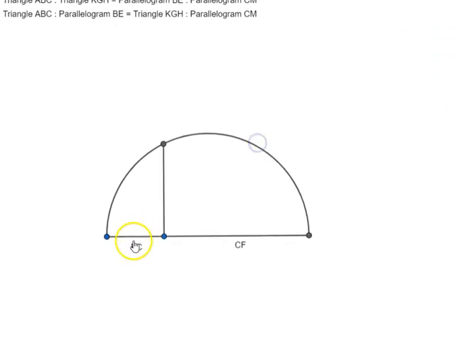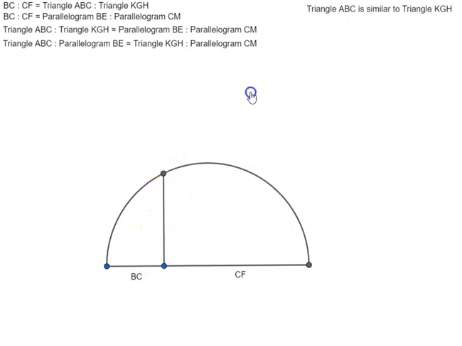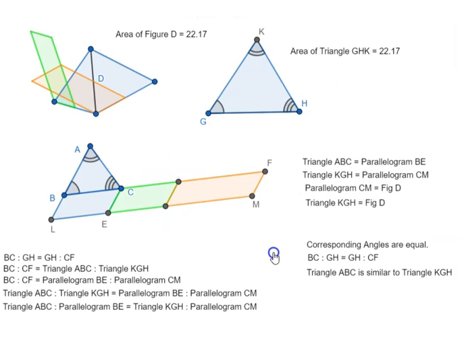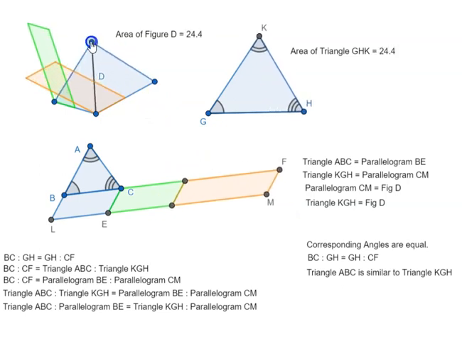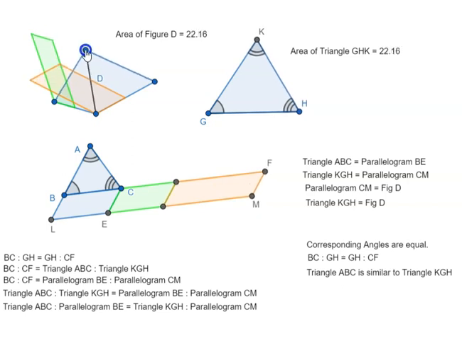So this is BC, this is CF, and this is going to be our GH. That is our mean proportional. The construction is quite comprehensive, which means basically that you need to be very careful. Again, you change this, automatically everything keeps changing accordingly, but the areas remain the same.